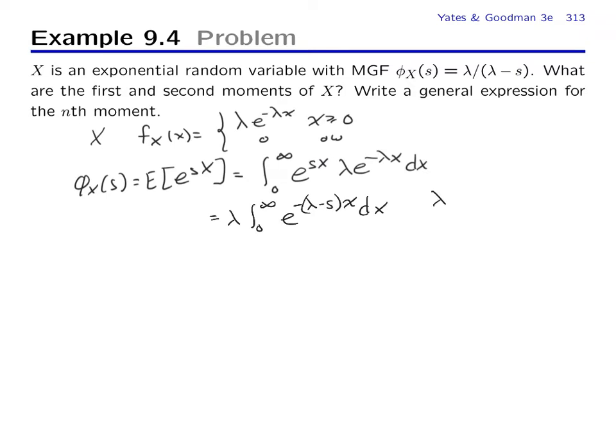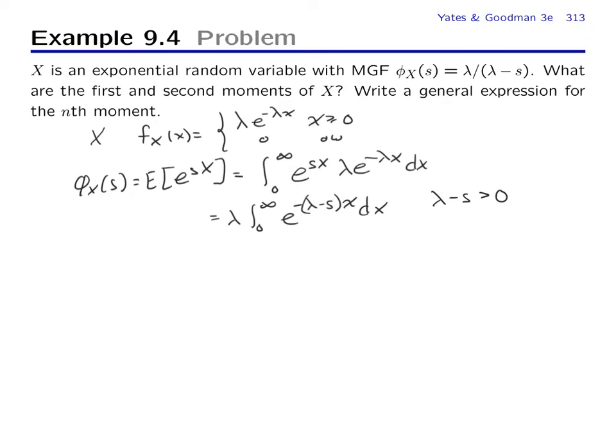As long as lambda minus s is strictly greater than 0, this is a convergent integral. And this highlights the fact that typically there's some region of convergence for the variable s for which the moment generating function exists.